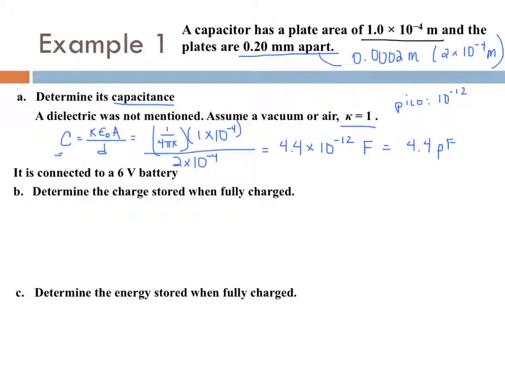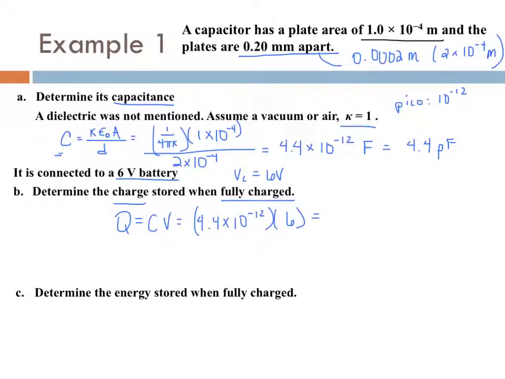Now, this capacitor is connected to a 6-volt battery, and we want to determine the charge stored on it when it is fully charged. When it's fully charged, that means that the voltage across the capacitor will be equal to 6 volts. So, Q is equal to C times V, or 4.4 times 10 to the negative 12 times 6.